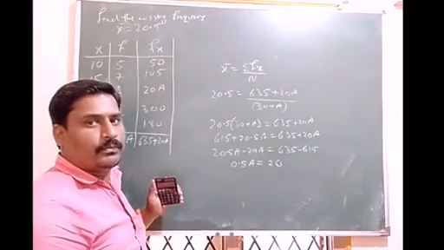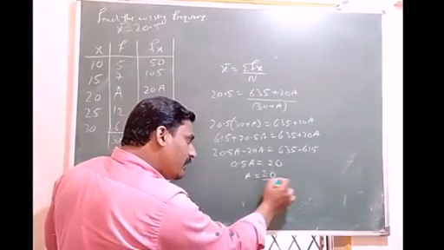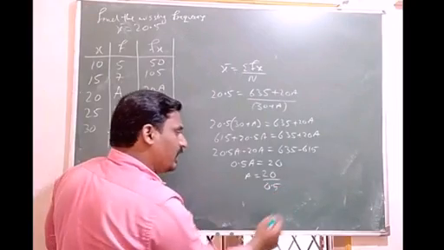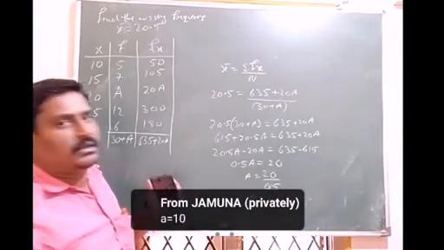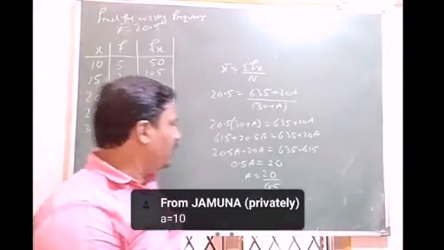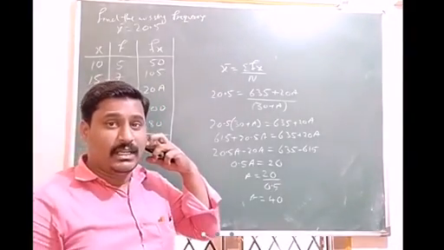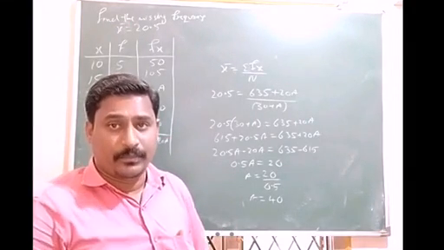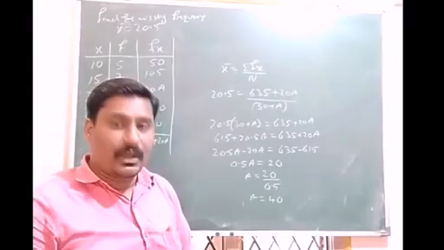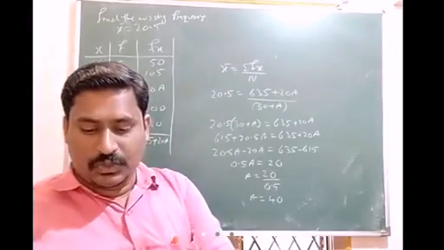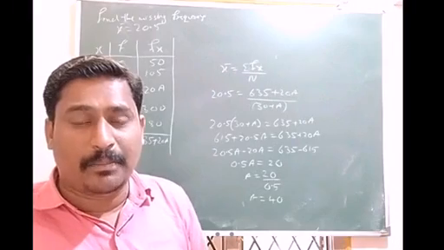Now A is equal to 20 divided by 0.5. What is 20 divided by 0.5?